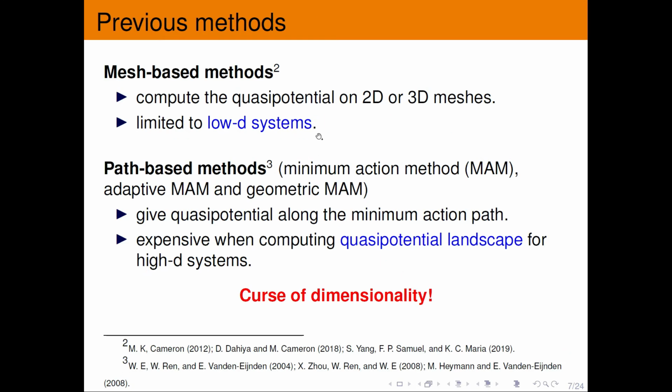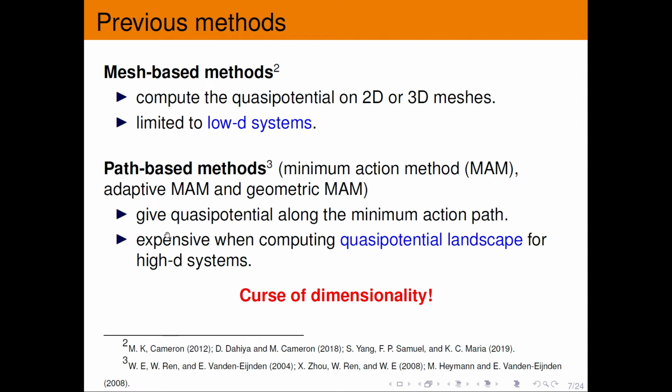There are some previous methods for computing the quasipotential. One category is the mesh-based methods. They are used to compute the quasipotential on 2D or 3D meshes, but they are limited to low-dimensional systems due to the requirement of a discretization mesh. The other category is the path-based methods, including the minimum action method and its adaptive and geometric variants.